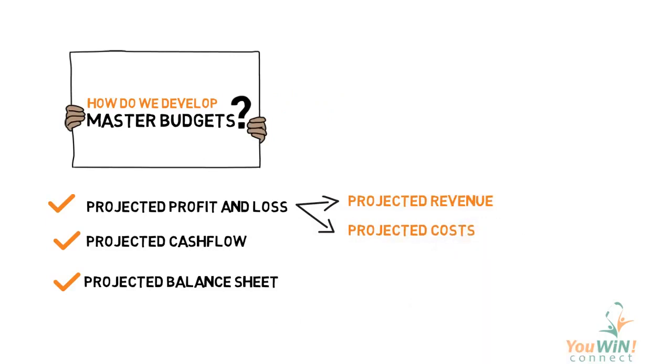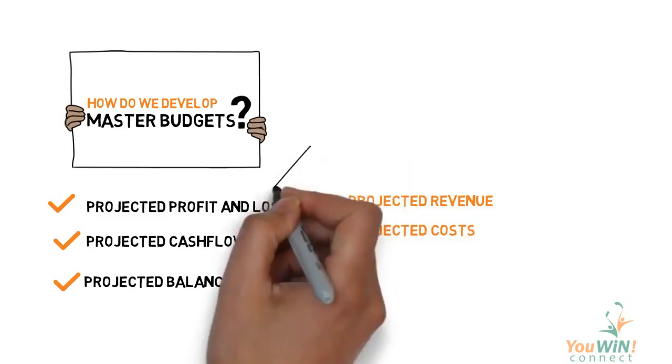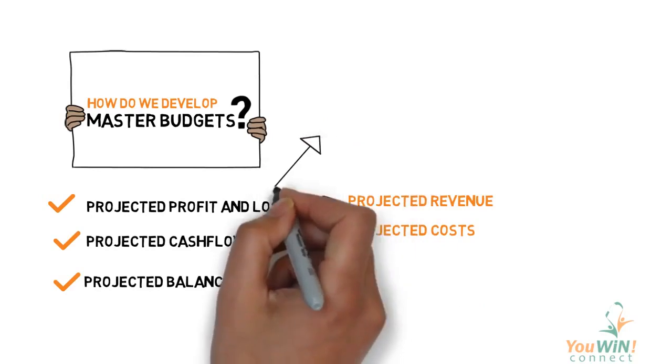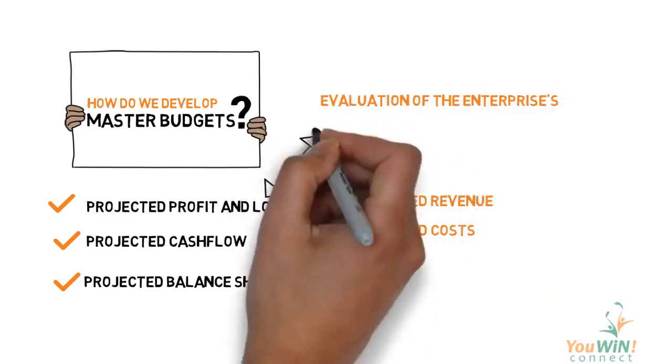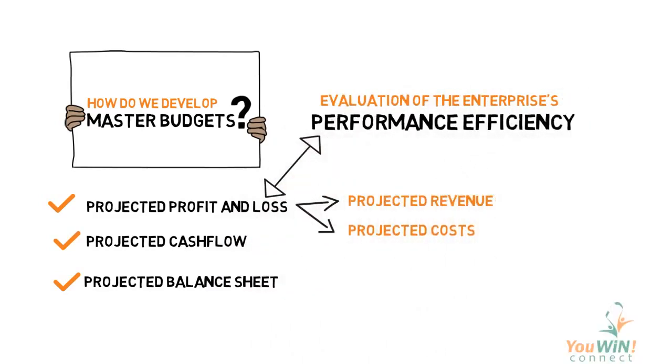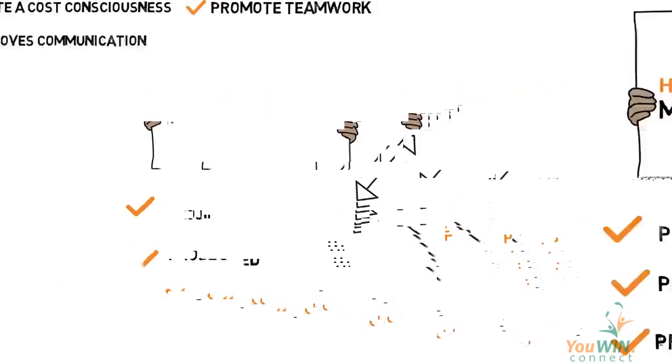The figures presented in this projected report refer to the sales budget and the budget of related costs. The projected profit and loss statement or projected income statement provides a basis for the evaluation of the enterprise's performance efficiency. These projections are useful for management to evaluate whether the objectives set have been achieved or not.